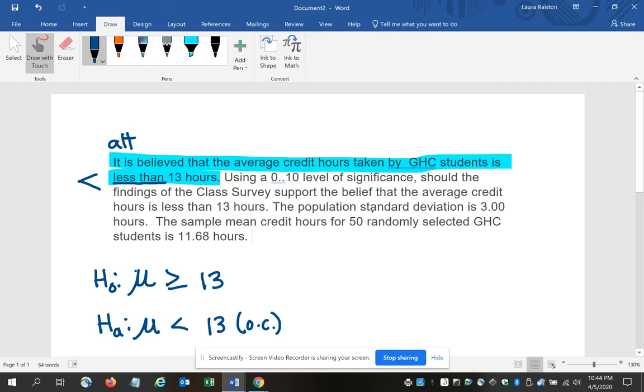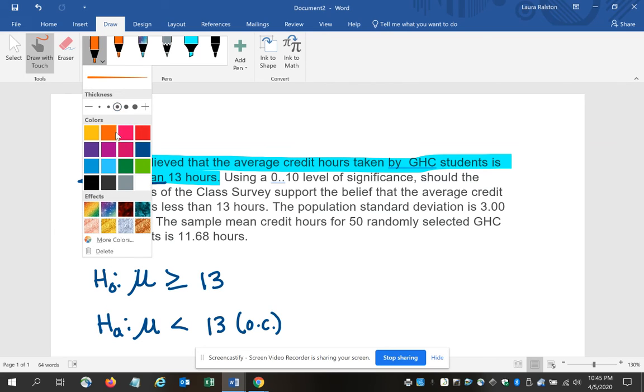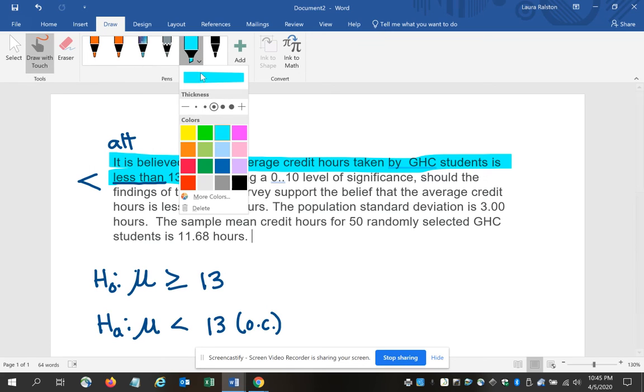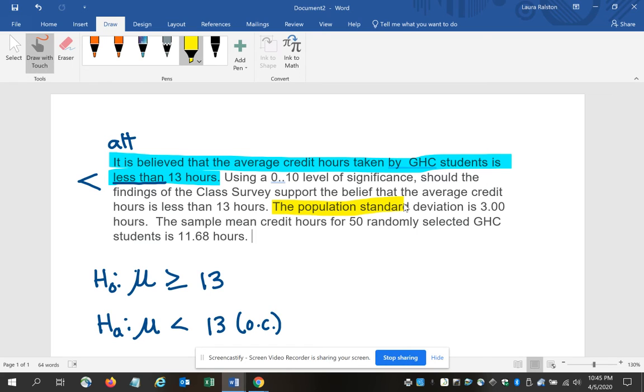The other thing I'm going to point out while I'm here is that, remember, when we go to enter this into our calculator, we need the population variance. And it says the population standard deviation is 3 hours.